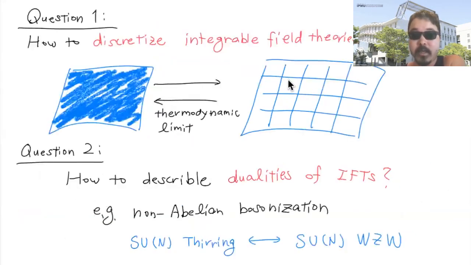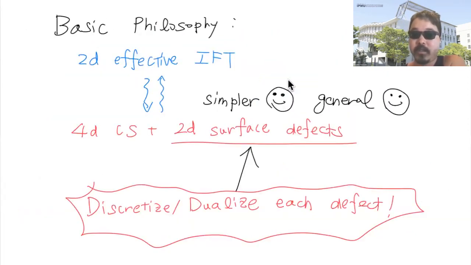So by studying everything at the level of the defect, you can be general and discuss not just a single theory, but a class of theories simultaneously. Because of this advantage, the strategy is very simple: take the surface defects and discuss discretization and dualization intrinsically at the surface defect level.